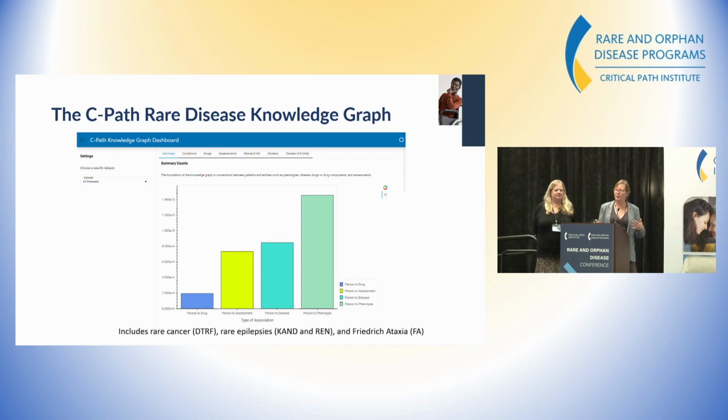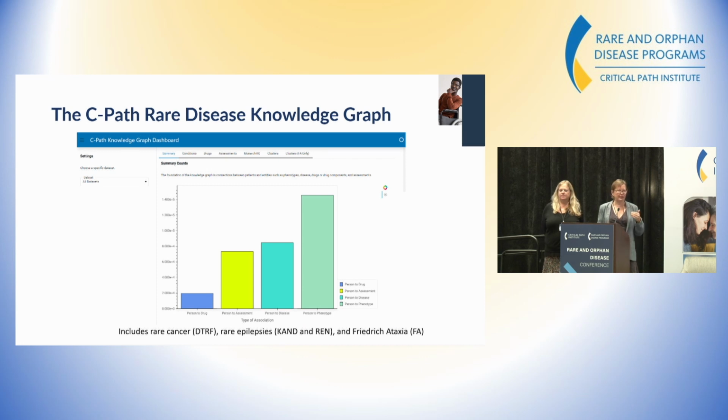Because the knowledge graph is built on an ontology that has a hierarchical structure, and we're using the same ontology across multiple data sets, we can start to aggregate and do queries across data sets. So what this graph is showing you is that looking at all of the data sets, that is the cancer, the epilepsies, and the Friedreich's ataxia data, again, apologies for the very small text on the margin here, these are showing high-level anatomical systems from the anatomy ontology.